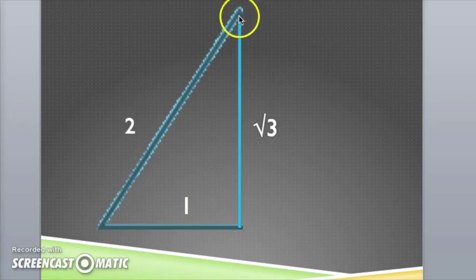Since we used this line for getting the height of the triangle, we already have these values. So this side is equal to 2, this one measures 1, and this one measures the square root of 3.